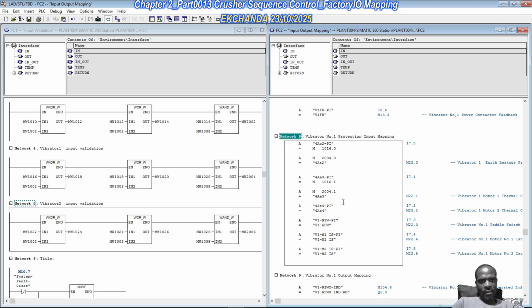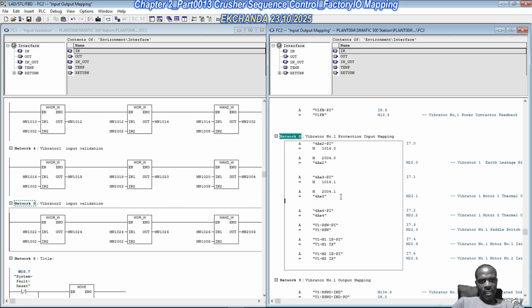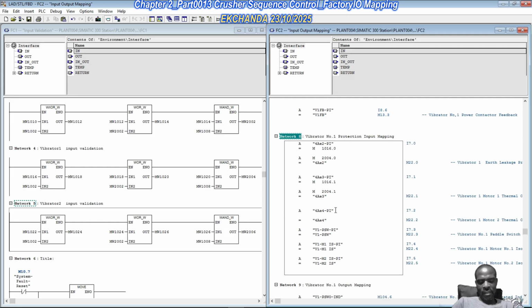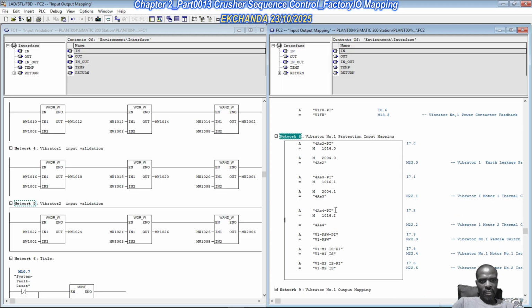And then this other one, we have 4AE4 by way of input 7.2, passing a signal state to memory bit 1016.2, and memory bit 2004.2, passing a signal state to 4AE4, which is the memory bit used in our logic.